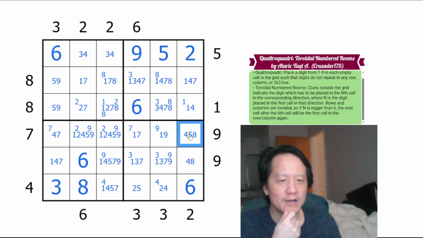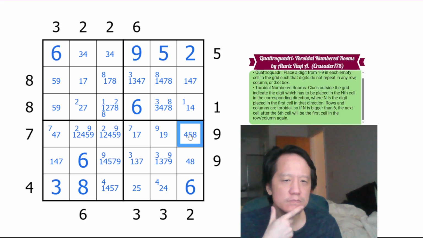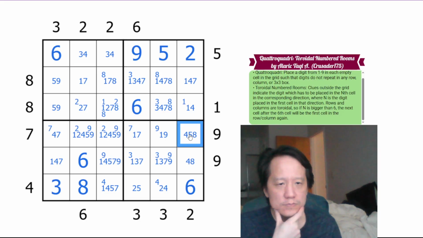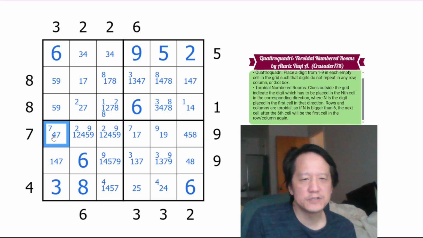That seems fine. Oh, that's interesting. If this is 7, this becomes 1, which forces this to be 9, and this would be 8.